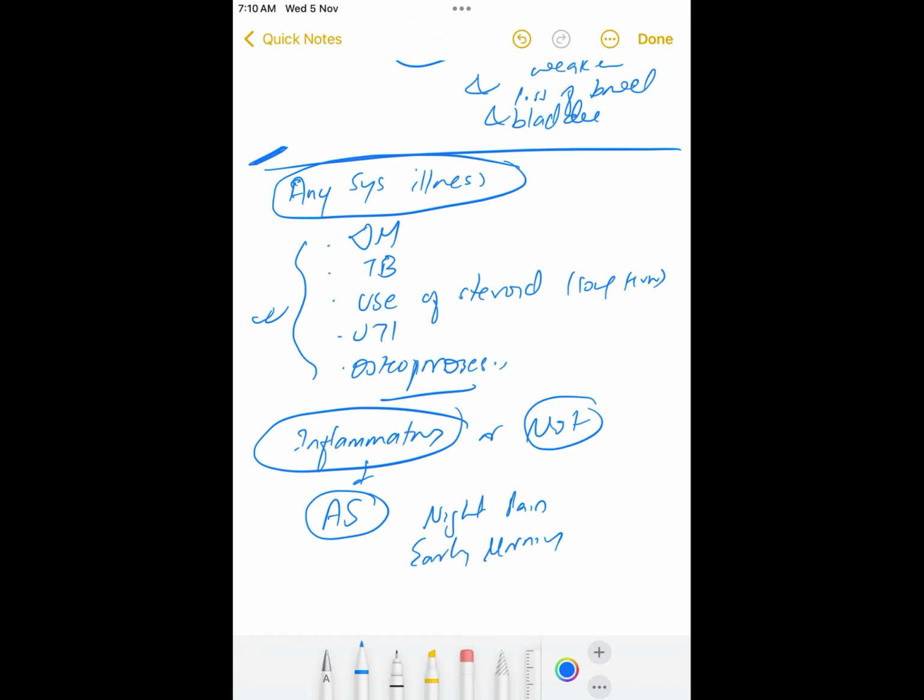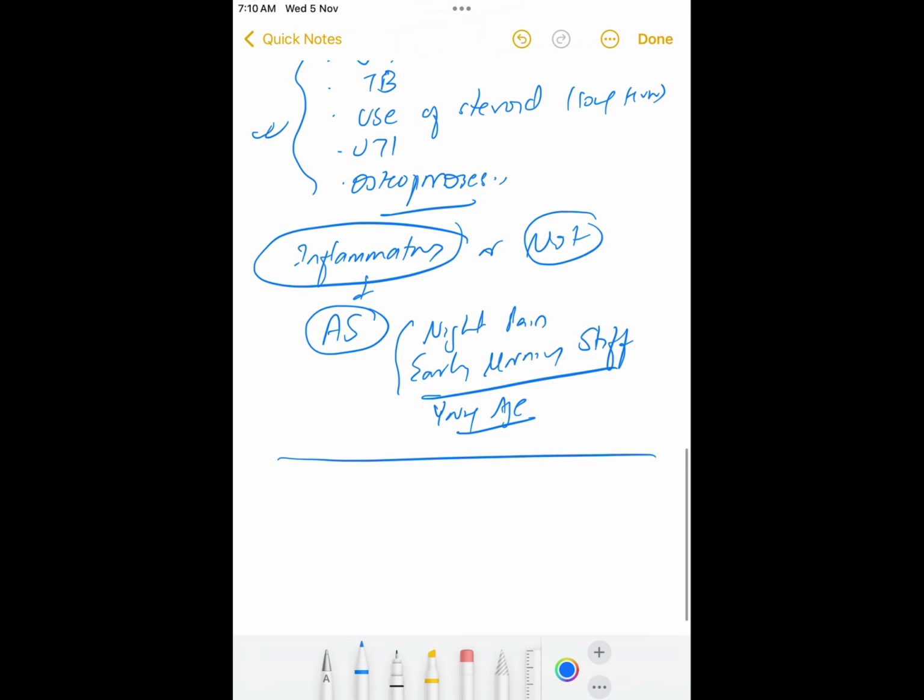If these two things are present, night pain and early morning stiffness, then it's mostly inflammatory type of back pain and usually seen in young age. If you see this type of pain, then you have to send for inflammatory markers.